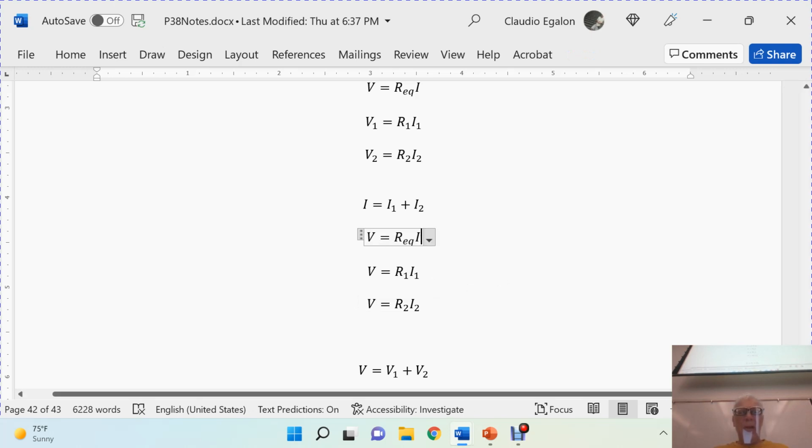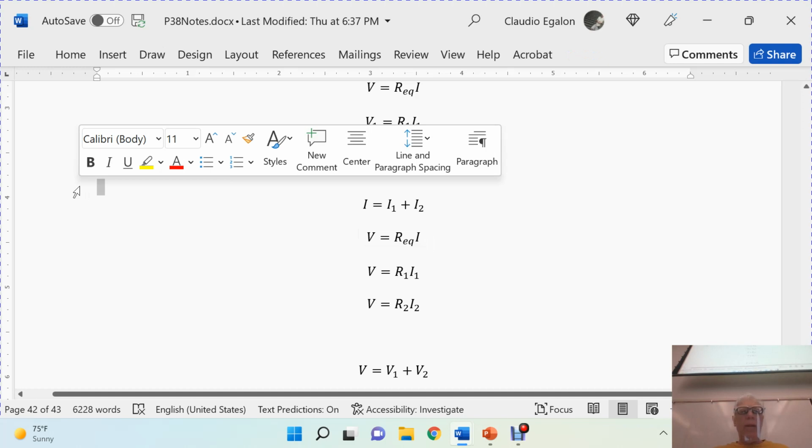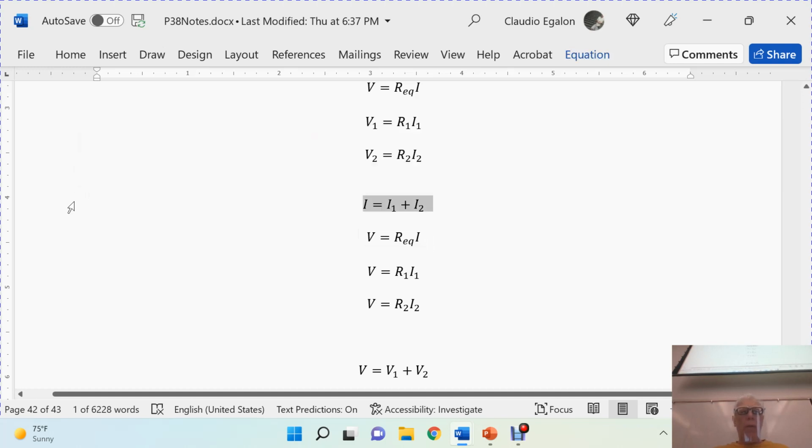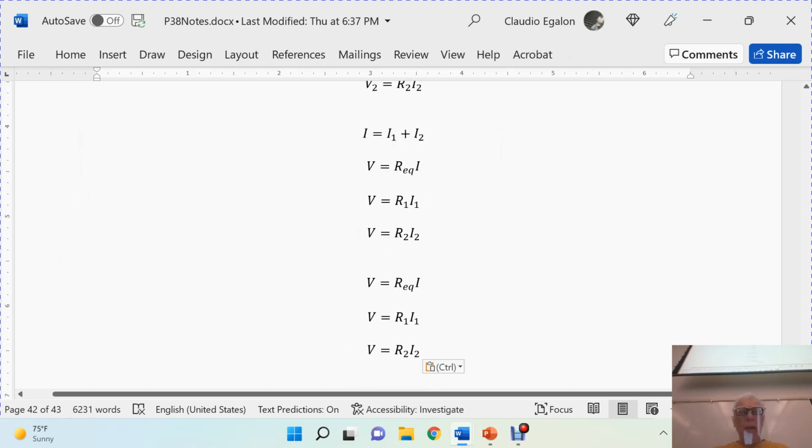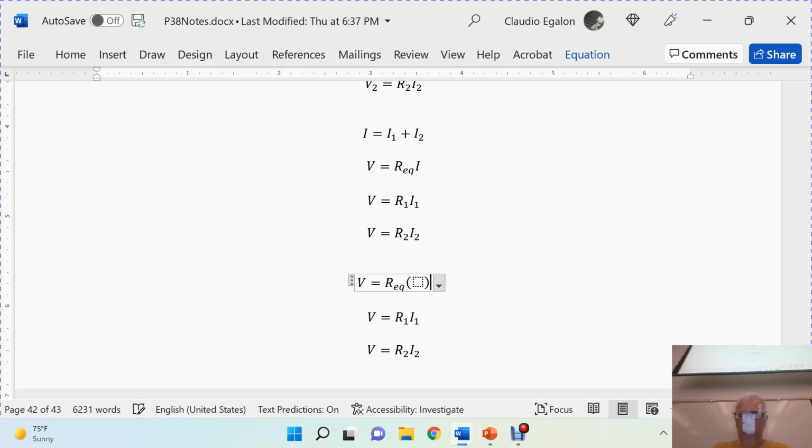What else can we use? We can use this relation right in here now. When we use this relation on this equation, we get rid of that relation that got used. So here you go. I1 plus I2 is replaced by I in this current.